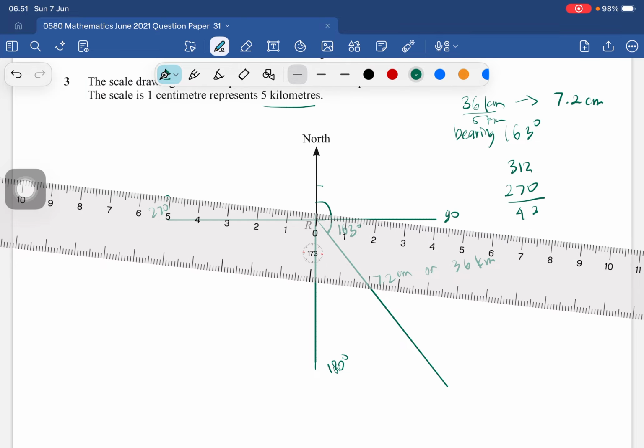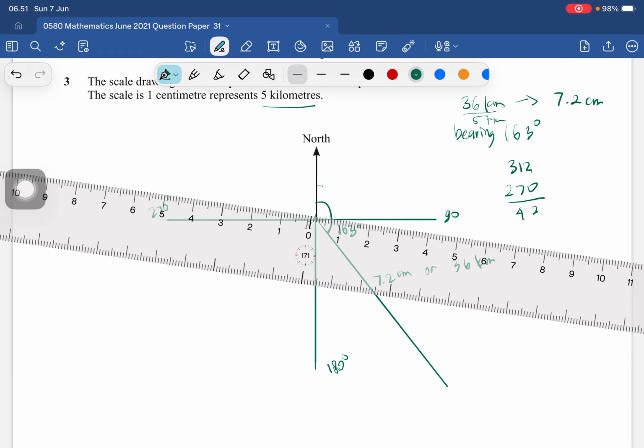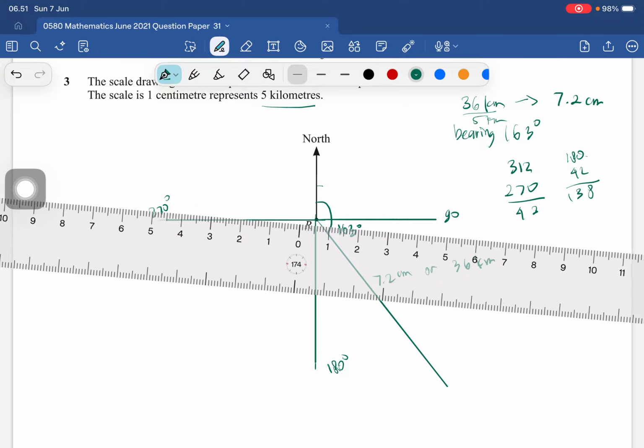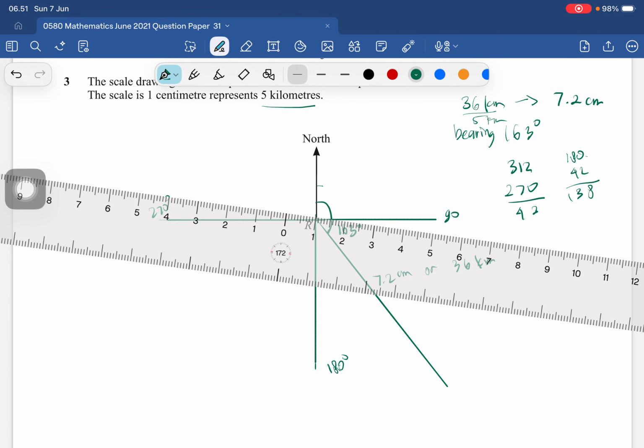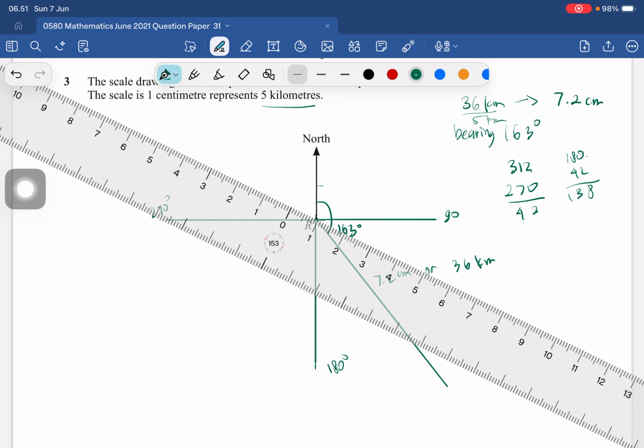Then 180 minus 42, since I don't have the protractor, we use the calculation. 180 minus 42 is 138.